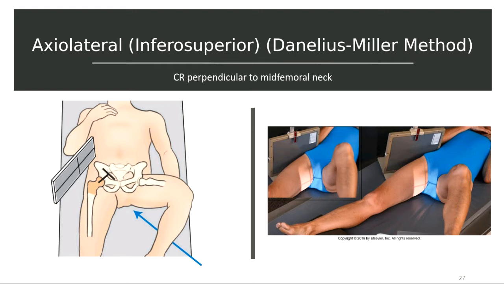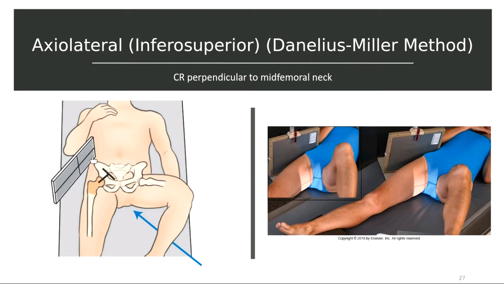Now, this is common. We do these a lot for trauma and for post-surgery patients. So there's no rotation of the leg. You can do this on a stretcher. You can do it on the patient's bed. Do it on the x-ray table. But pretty much what happens is you put your image receptor in the crease above the iliac crest.